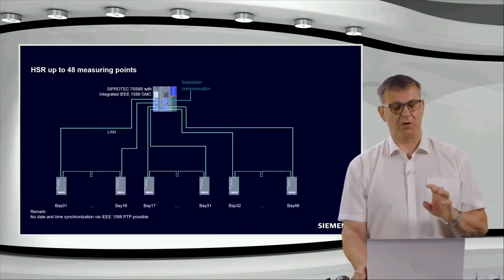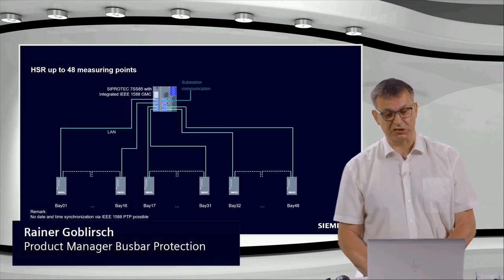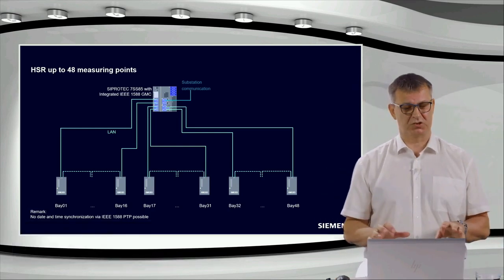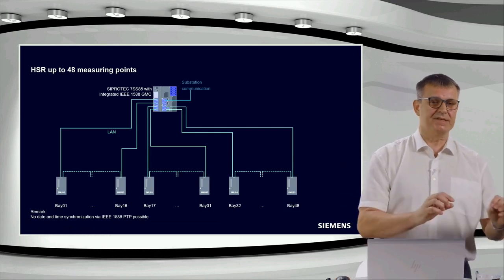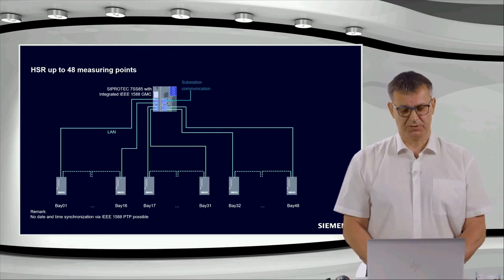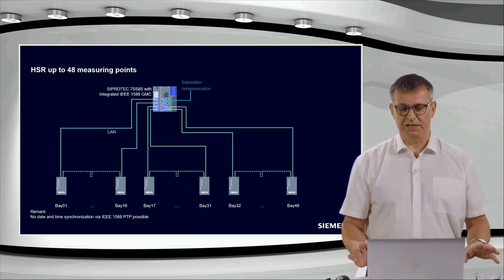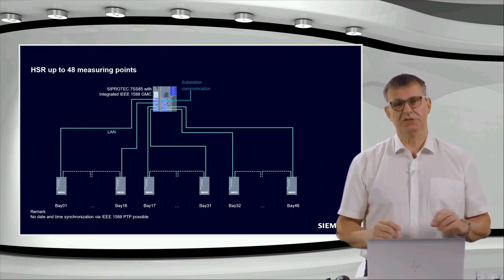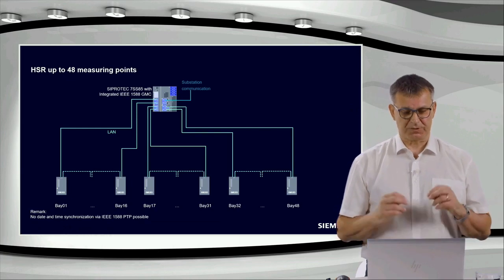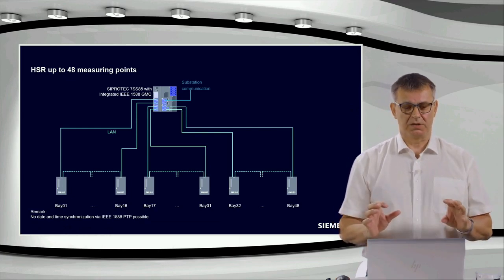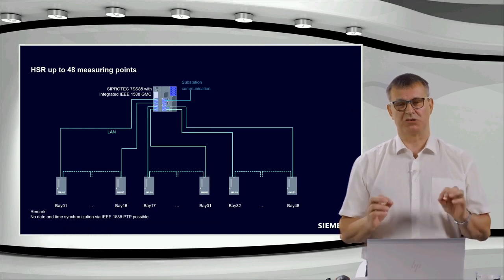Important, before I go now to the communication topologies, is that both for the fully distributed busbar protection and for the IEC 61850 compliant distributed busbar protection, which are both absolutely valid ways of doing distributed busbar protection with SIPROTEC 5, we have for both types the same communication topologies.